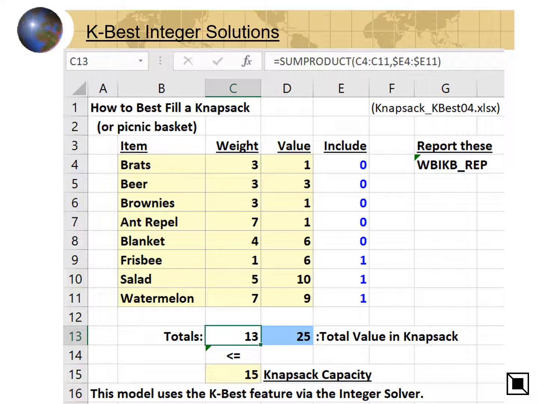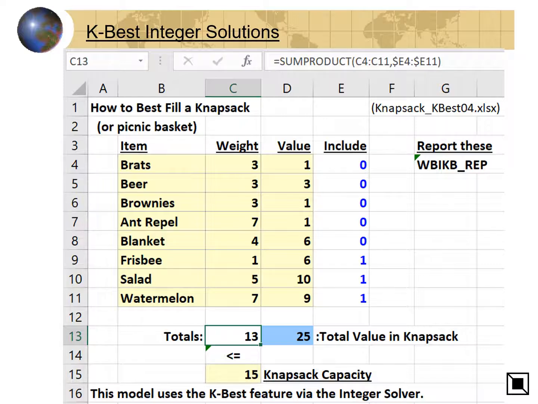So you can specify k, like half a dozen, or something like that, and What'sBest will give you the half a dozen best solutions to the problem. So for example, if there are 5 alternate optima to your particular problem, and you ask for the 6 best solutions, you'll get the 5 alternate optima plus the next best solution after that.